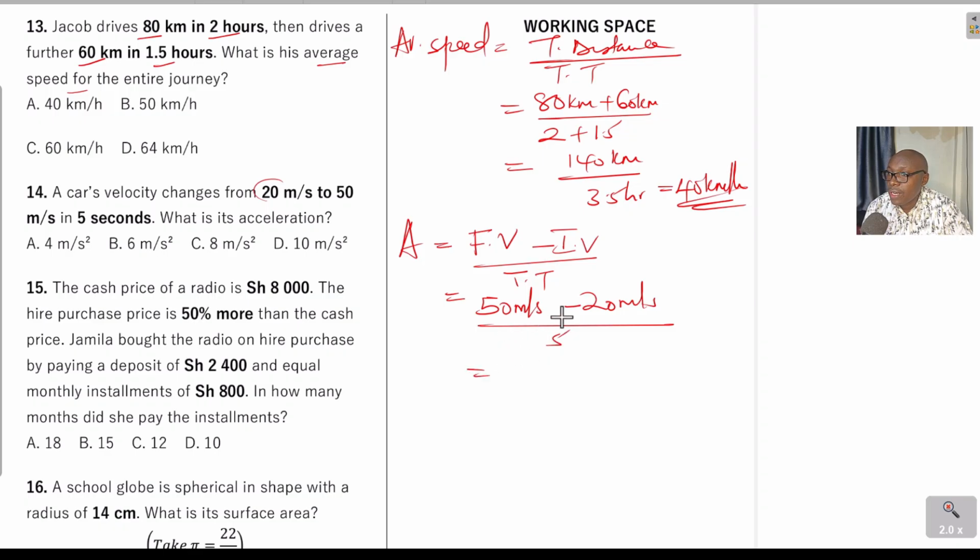So 50 minus 20 gives 30, and 30 divided by 5 gives 6 meters per second squared. Why second squared? Because we have meters per second, and then we are dividing by second. The second and the second will not cancel. So acceleration is given in meters per second squared. So that is how you're supposed to do that.